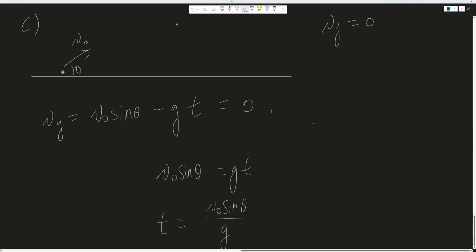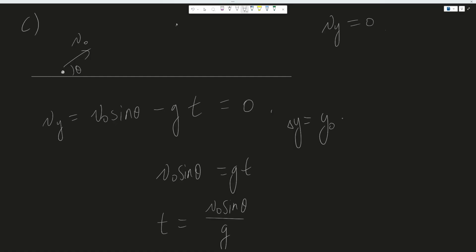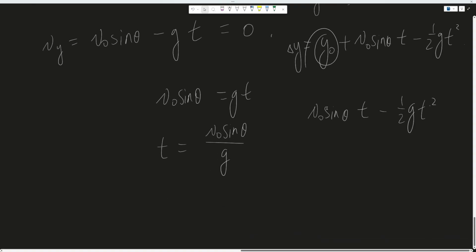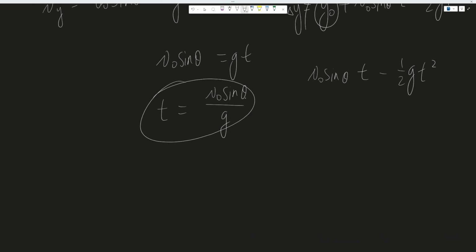And then we know the height formula is y naught plus V0 sine theta t minus half gt squared. Let's call the ground level y equals 0, so y naught is just 0. It becomes V0 sine theta t minus half gt squared, and we just plug in t.